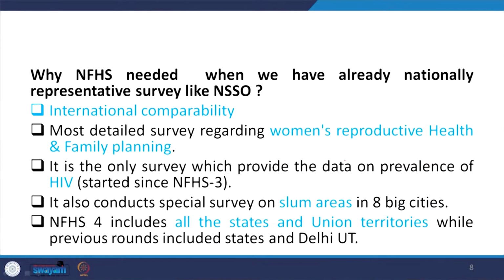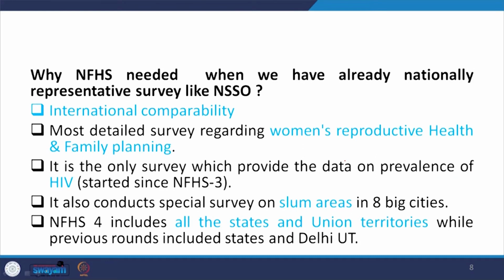Okay. Now let us go ahead in another direction. Why is NFHS needed when we already have a nationally representative survey like NSSO? It is because NSSO may not be comparable with other countries in the world, whereas NFHS is strictly comparable because the approach considered in each country is more or less similar.